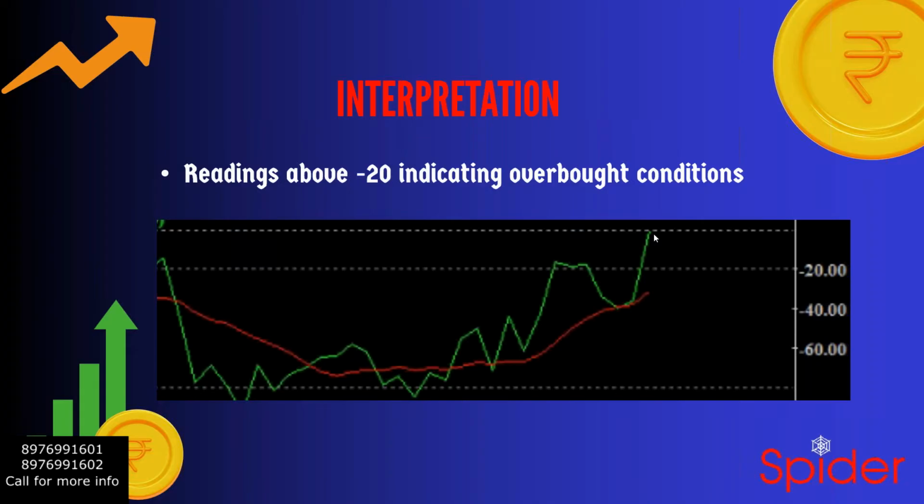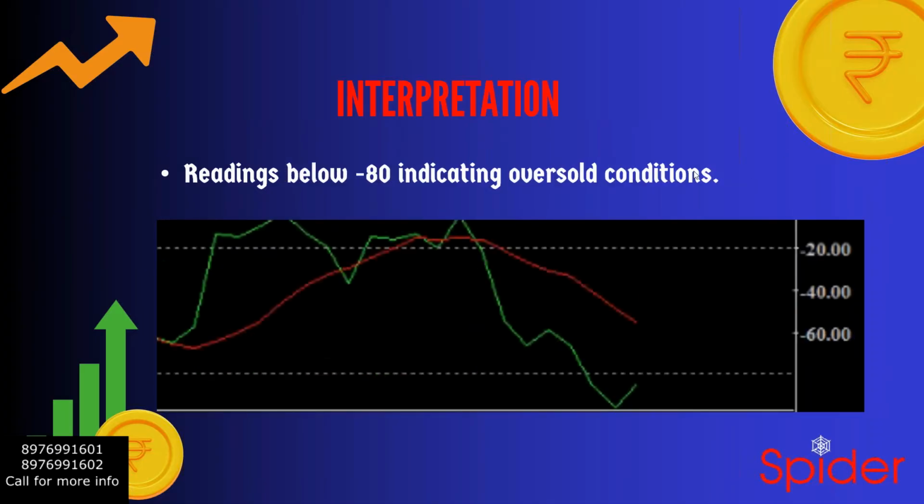And if I talk about the oversold levels for William percentage R, similar to the last image, here also we have attached an image where we can see the stock price entering into the oversold zone. Okay, so readings below -80 indicate oversold conditions.